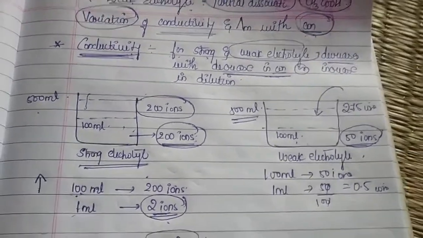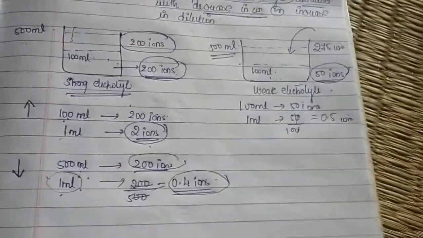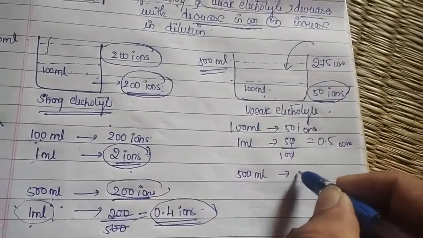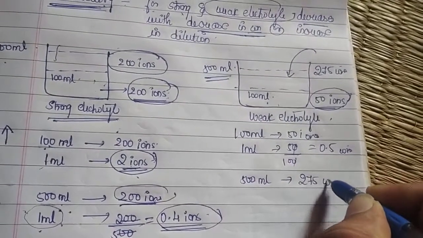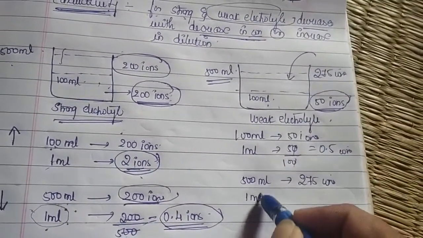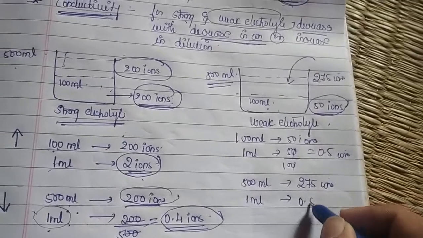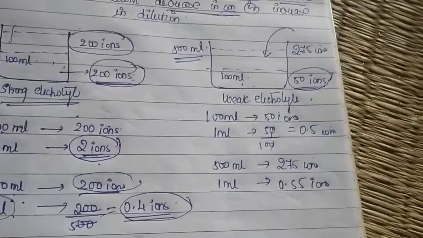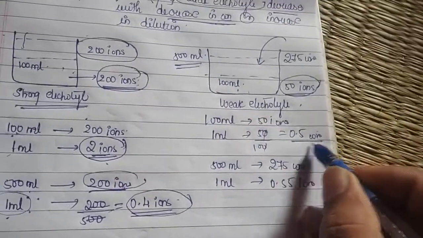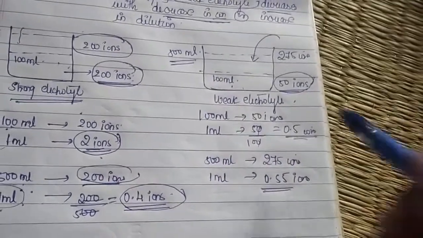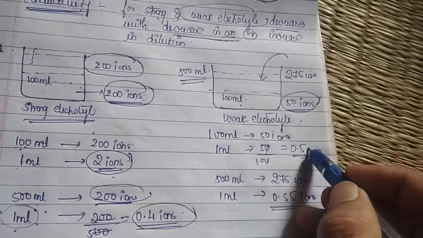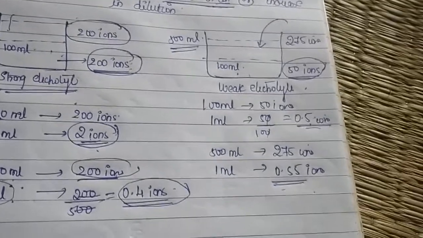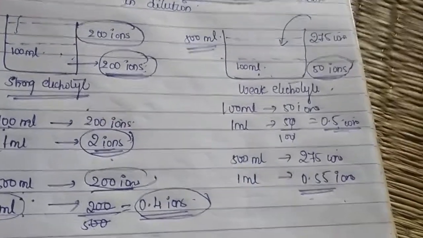In 500 ml I had 275 ions, so in 1 ml, only 0.55 ions. The ions have increased from 0.5 to 0.55. But what is the increase ratio?